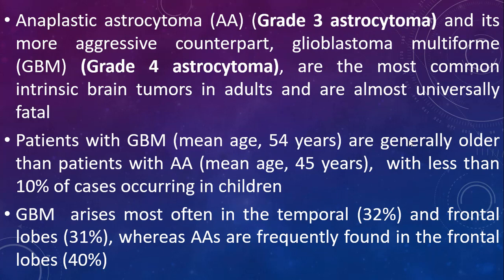Patients with GBM, mean age 55 years, are generally older than patients with AA, mean age 45 years, with less than 10% of cases occurring in children. GBM arises most often in the temporal lobe, 32%, and the frontal lobe, 31%, whereas AA are frequently found in the frontal lobes, 40%.